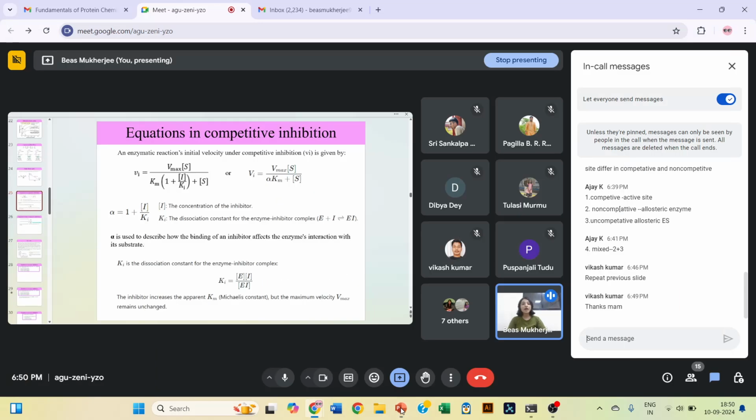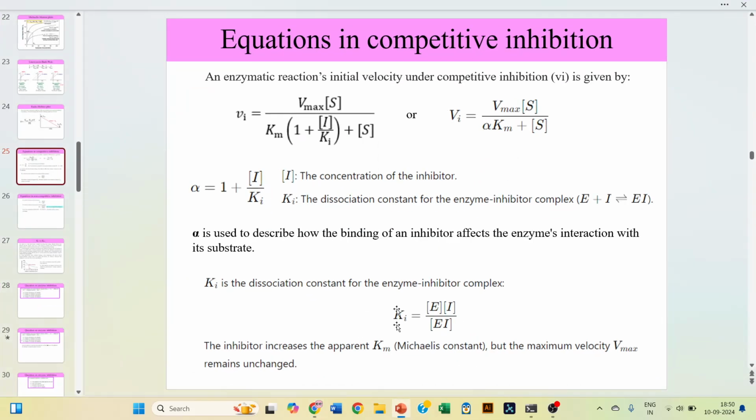Okay, now we come to the different equations in competitive inhibition. So this is competitive inhibition. That means the Km is going to increase, and this is the changed Km. Here alpha is a factor that describes how the binding of an inhibitor affects the enzyme's interaction with its substrate.